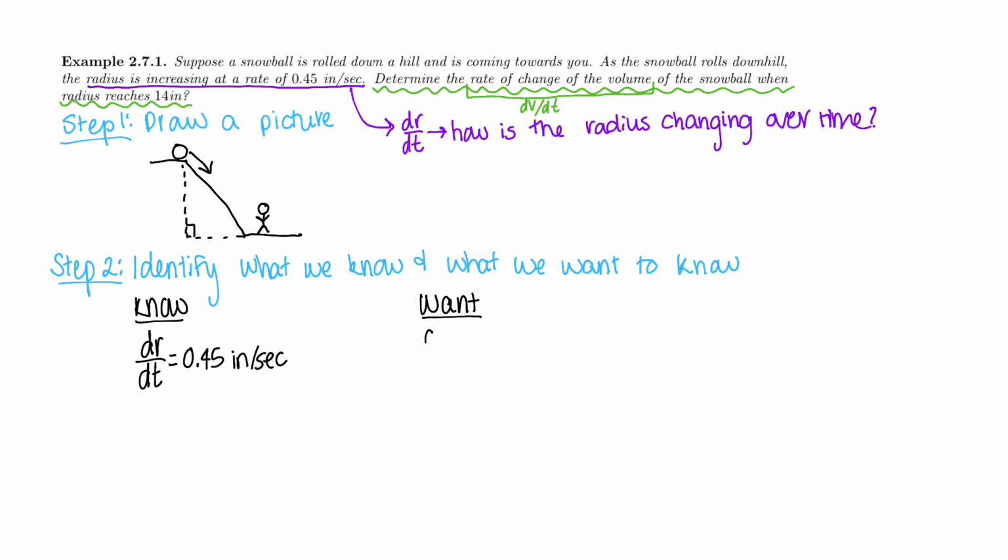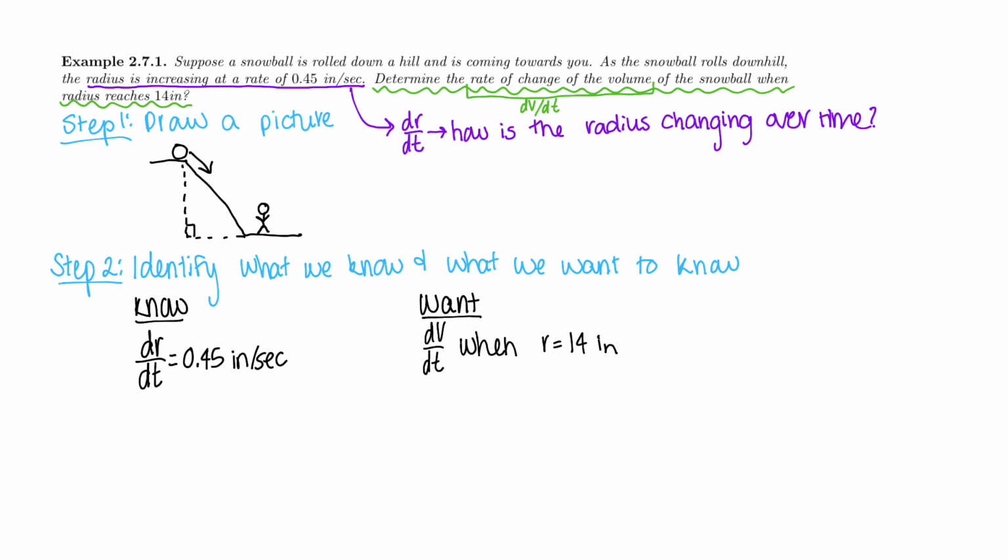So we want dV dt, and we want it at a particular time. We want it when the radius is 14 inches. The radius I'm going to call r. So when the radius is 14 inches.